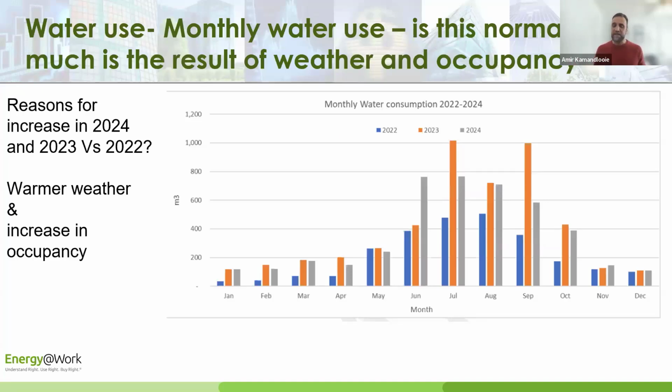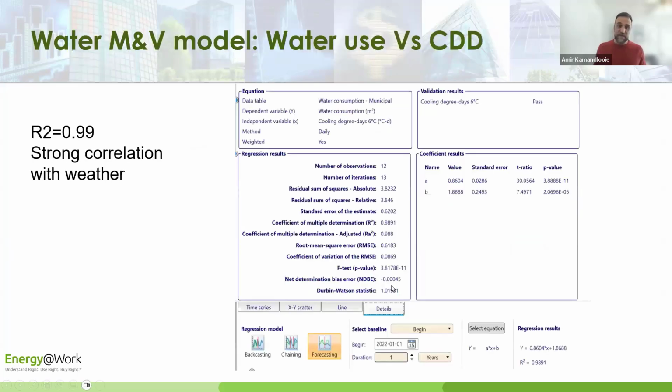But that was never flagged by the administration or accounting and operation team because this is kind of lost in a wash and probably they don't realize that they are having an increase. So we realized that we can create a weather corrected model for water. And in this case, there was a very strong correlation with the weather.